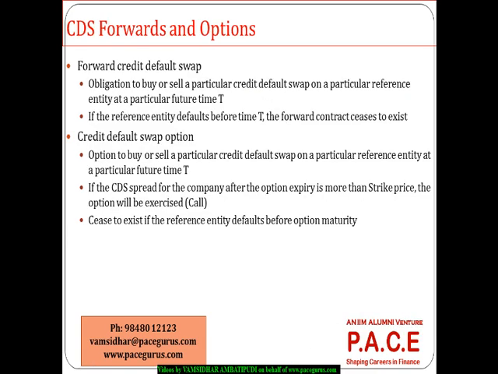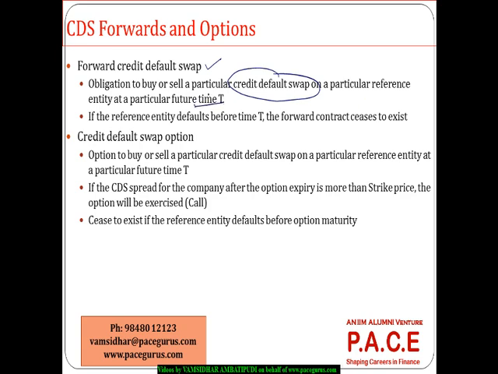Now, moving on to the next, which is the CDS forwards and options. A forward credit default swap is an obligation to buy or sell a CDS, not today, but at a future time.